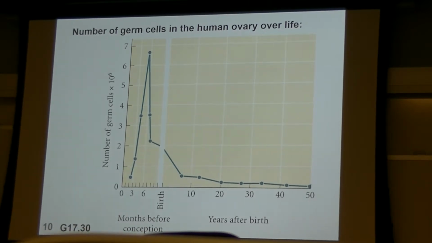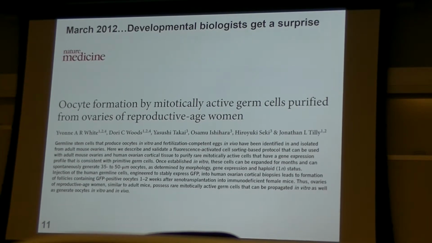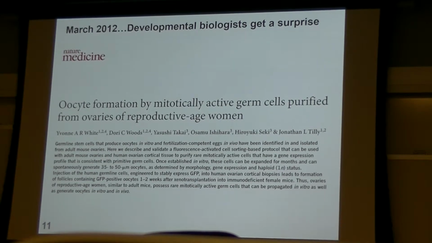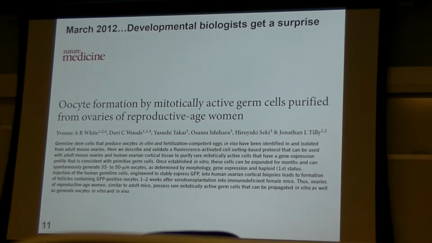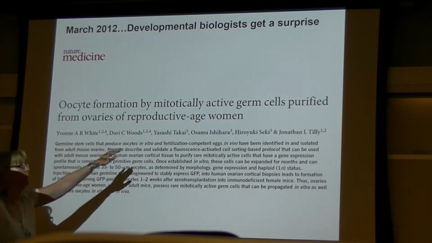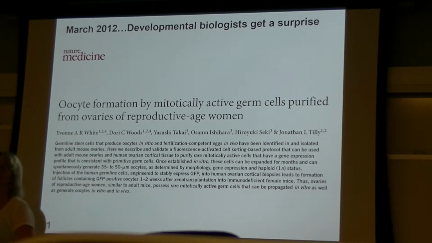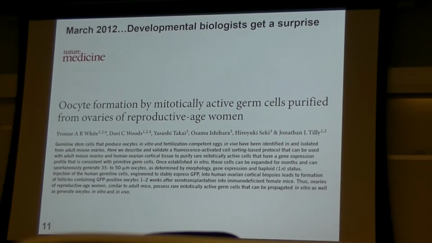And interestingly, about a couple of years ago, this dogma was challenged, at least a little bit, by the publication of this Nature Medicine paper, where in reproductive age women, so these are adult women who are ovulating, you could find a very small number of cells that do seem to still be going through mitosis.